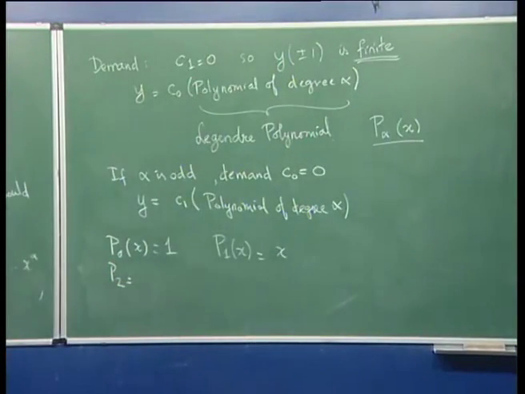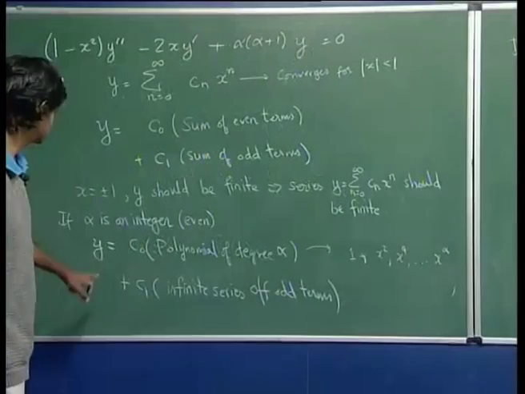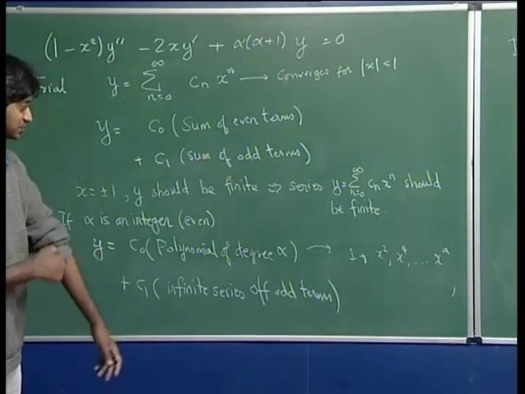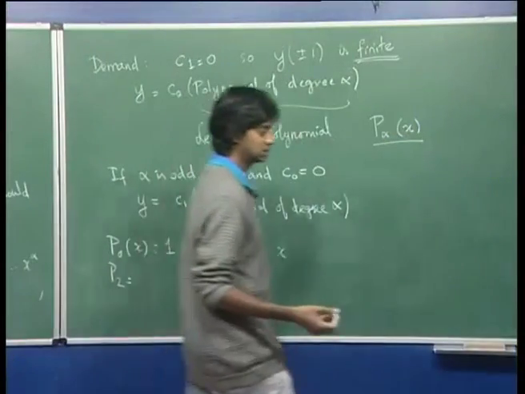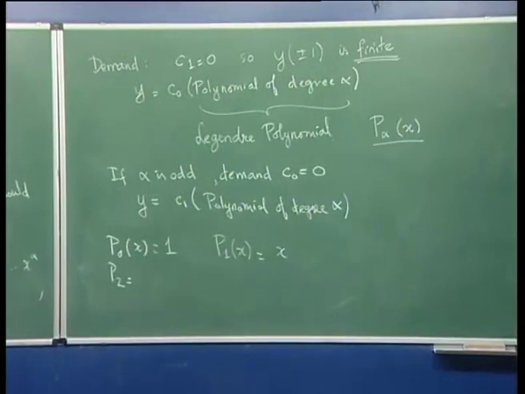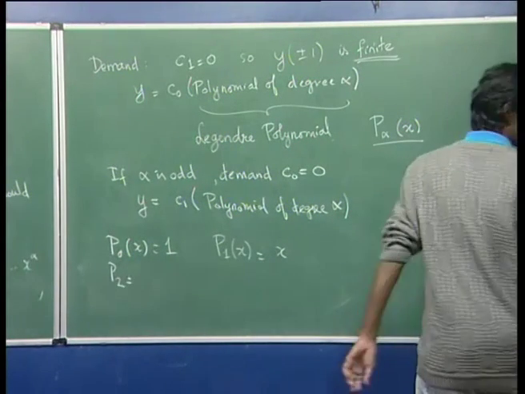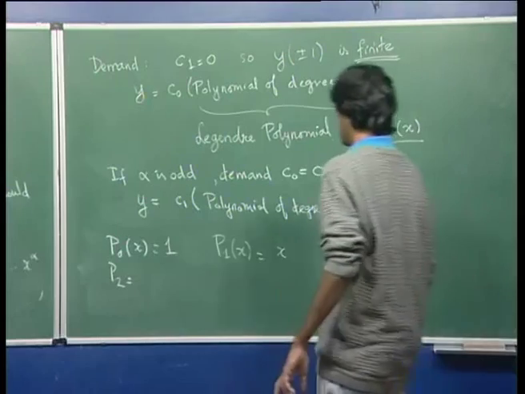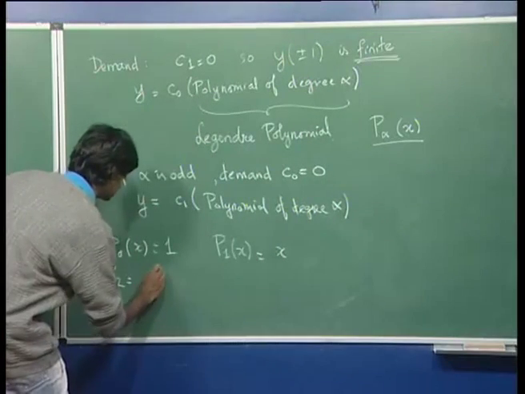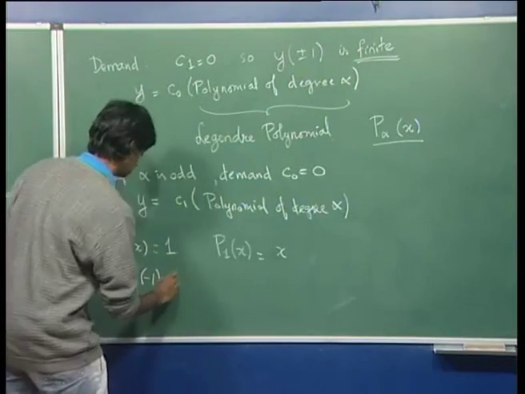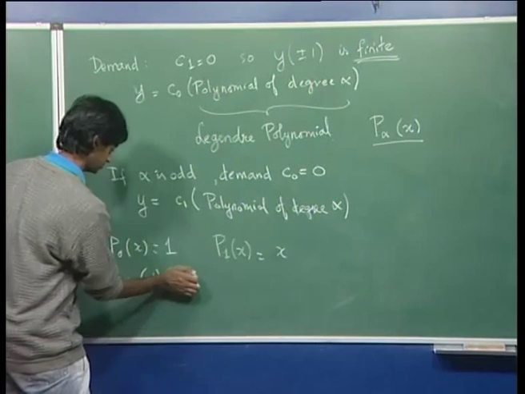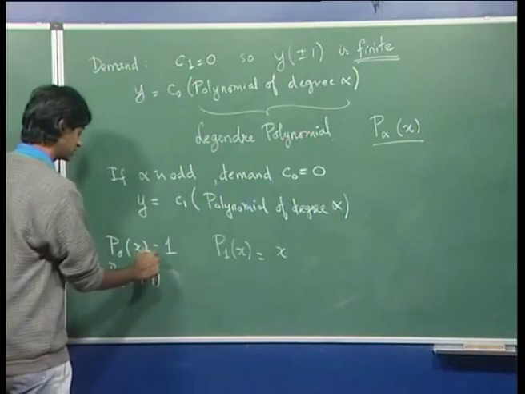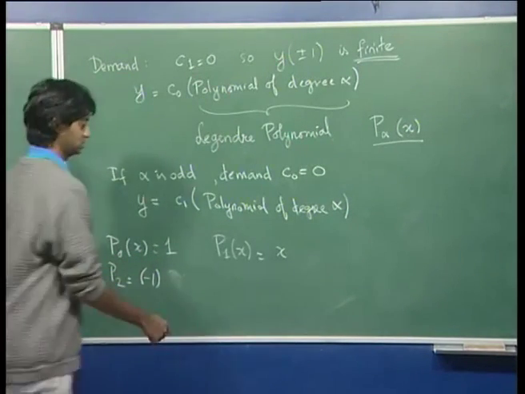Once you know p0, you can work out p2. In fact, you can go back to the recursion relation and write p2.